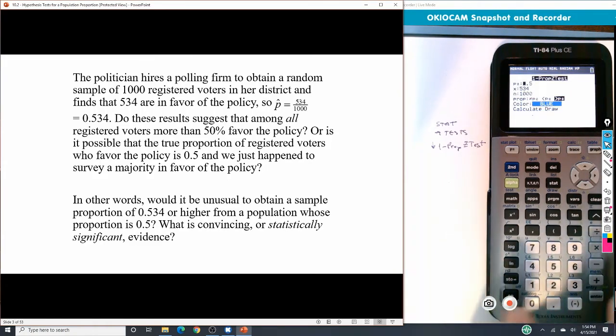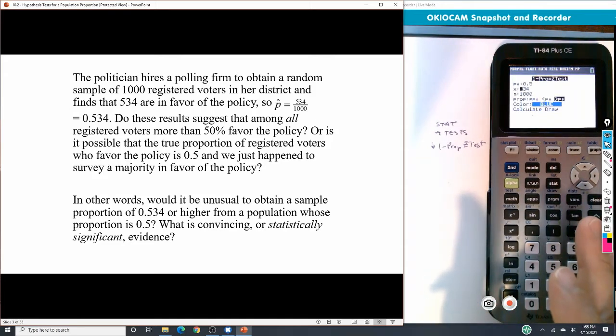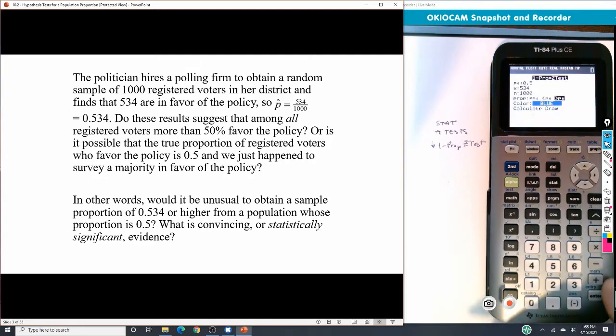Then we're going to select what we need for these. We know that our p sub 0, the initial one, is 0.5. That's what our null is. We're suggesting that we're at 50%, so 0.5 there. Now we know that our x value, how many were in favor here, was 534 out of 1,000. Now we want to know, is it actually greater than this, because we came up with it being greater than.